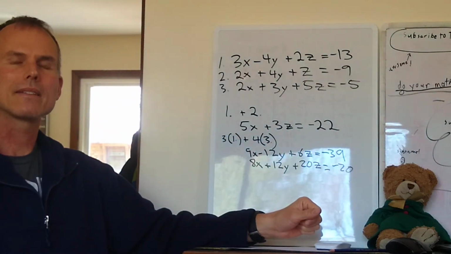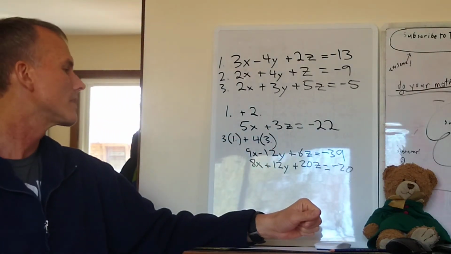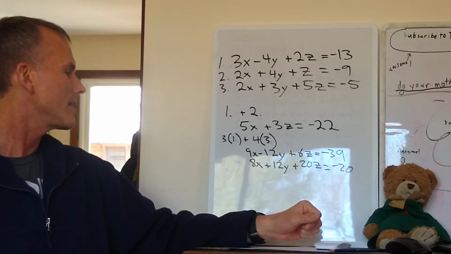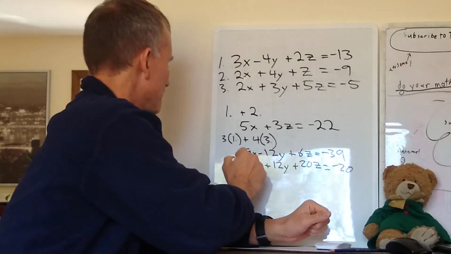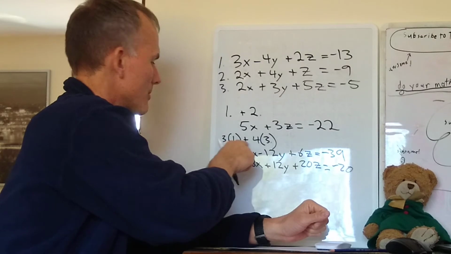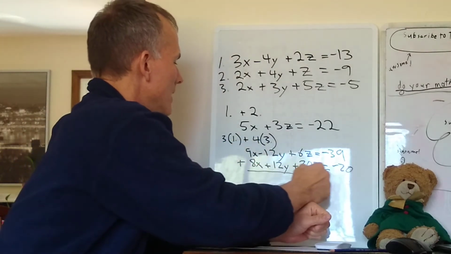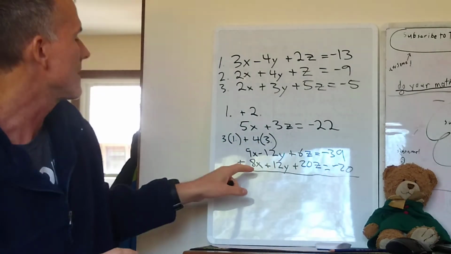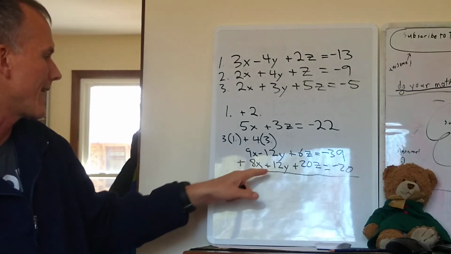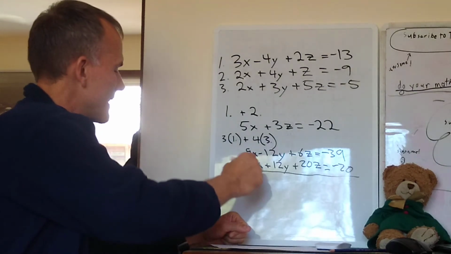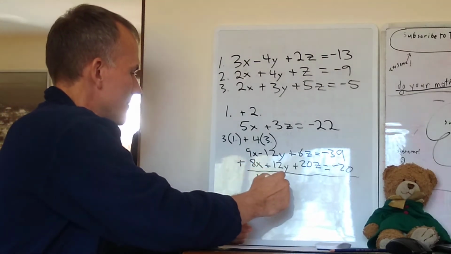Can you see that okay, Eliza? Mm-hmm. Okay. All right, now if I add these, remember I'm taking 3 times equation 1 plus 4 times equation 3, it looks like I'm going to get rid of the y variable. So 9x plus 8x is 17x.